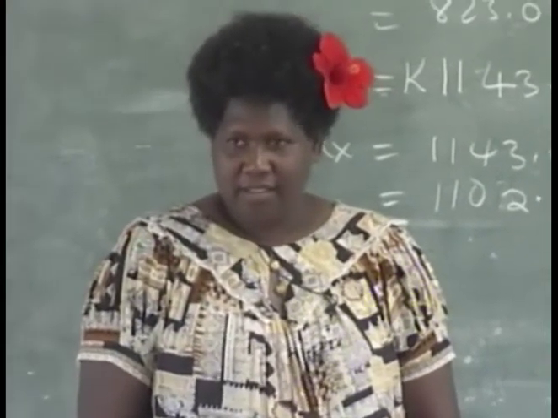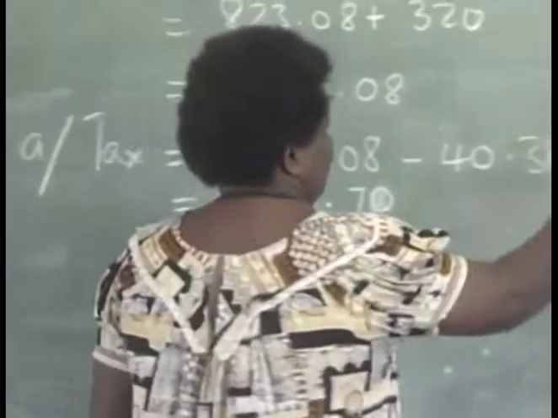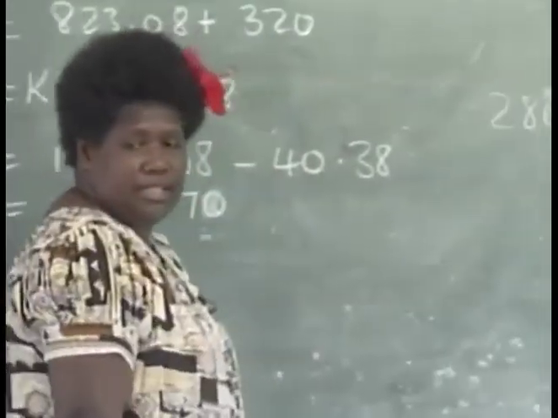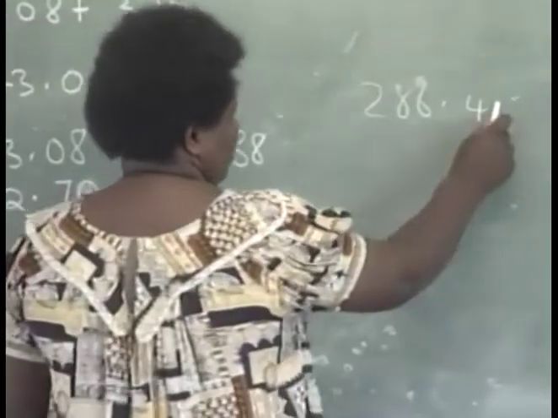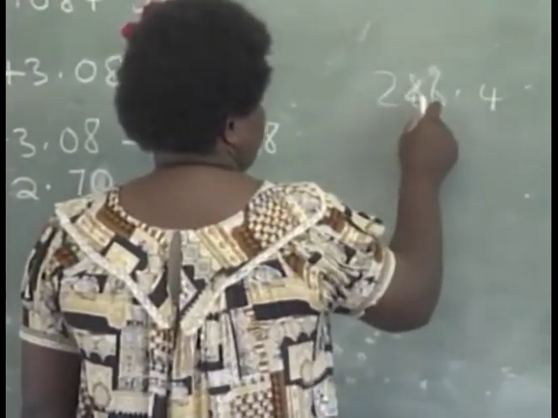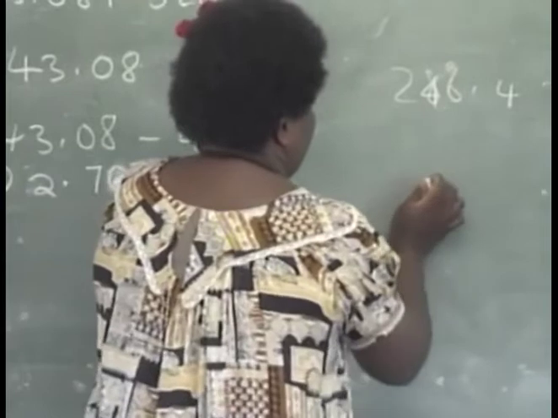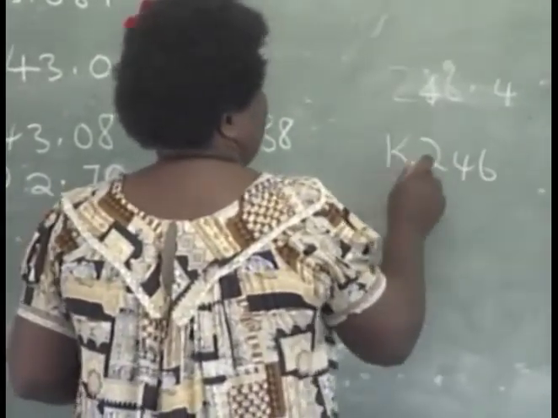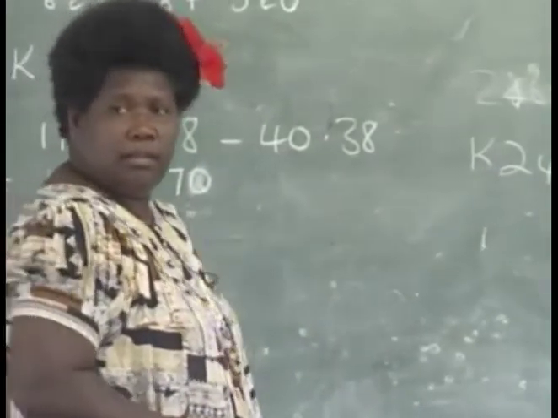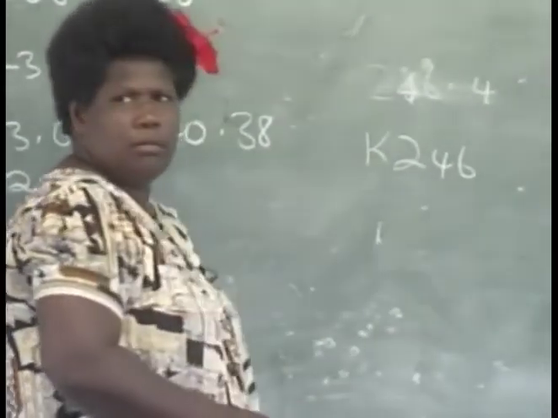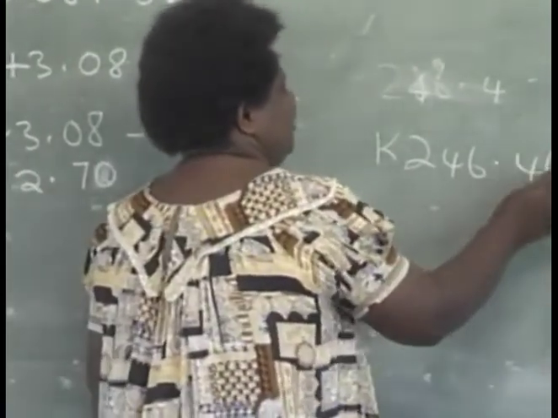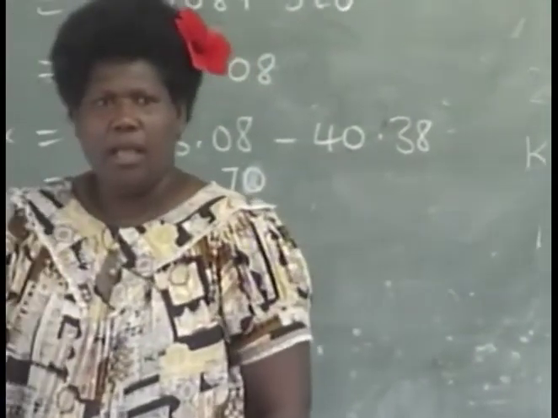Vui, what did you say? 246 kina, you said. Okay, 246 kina, 46 toya.